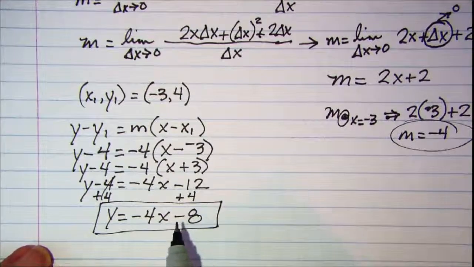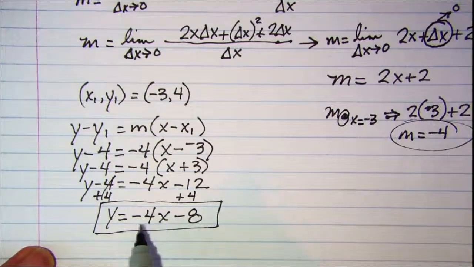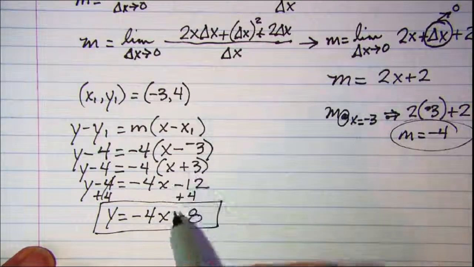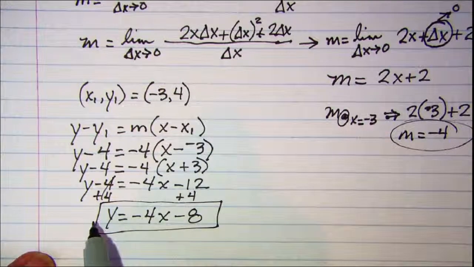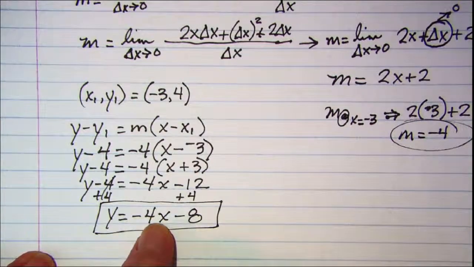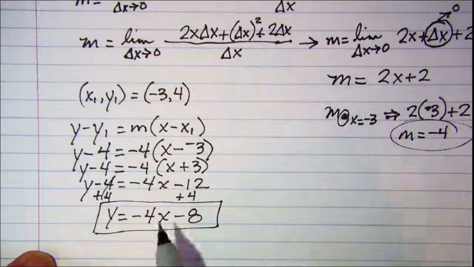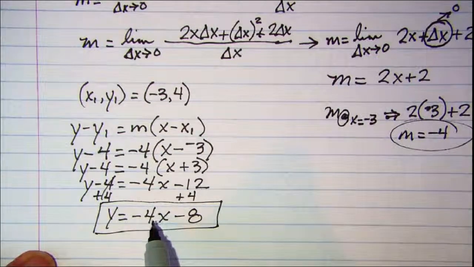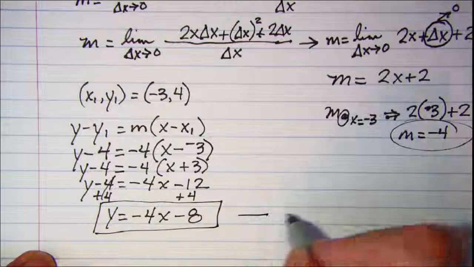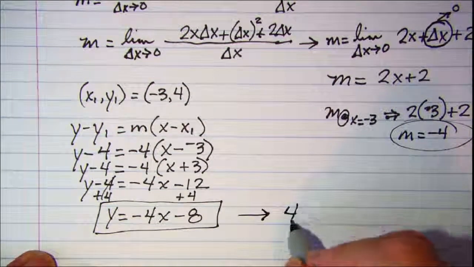If you were asked for the general form of this equation, we would need to move all of our terms to one side, and since the x coefficient needs to be positive in general form, I'll move everything to the left. So when negative 4x is moved to the left, that becomes a positive 4x.